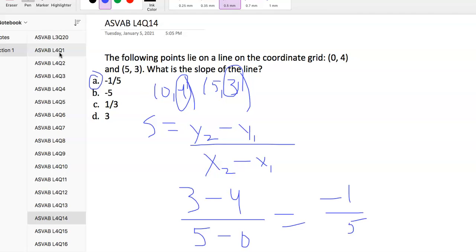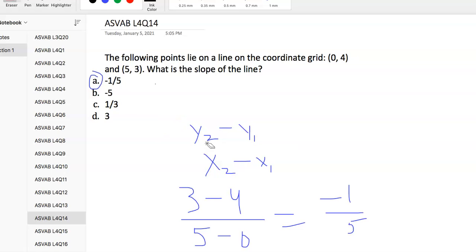There's our slope. So to describe this a little bit further, if that x1, x2, y1, y2 thing was confusing, let me explain that a little better here. Give me a second to erase.